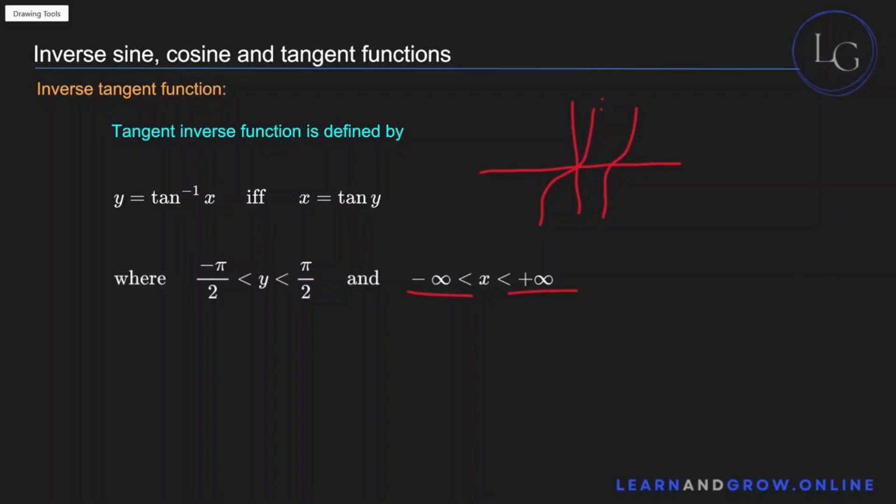But again, if you make a line over here, the value of x will keep on going till infinity and again till -infinity. So which is why the value of x can have any value. But if you plug in any value of x over here and take the tangent inverse, the value of y that results will always be between -π/2 and π/2.